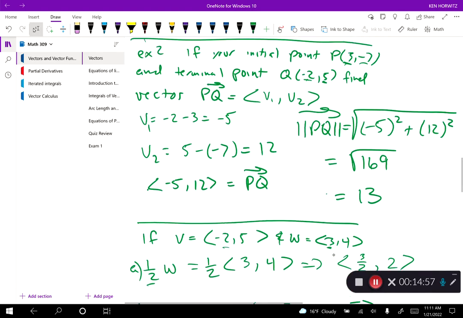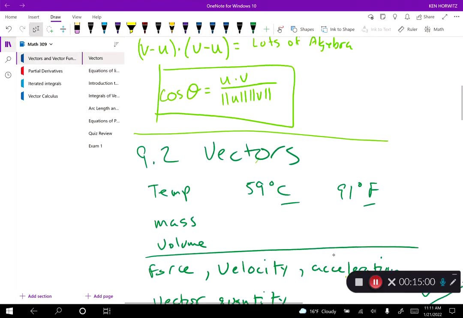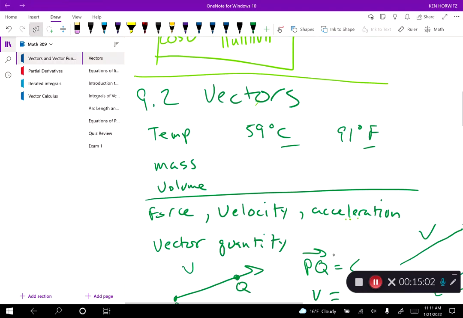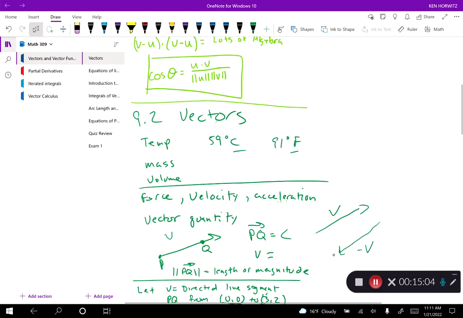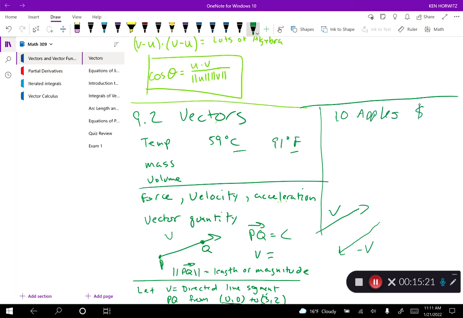Now we're going to talk about a unit vector. I'm going to come back up here, and I'm going to shrink it down a little bit so I get a little space. If we were to talk about something like a unit price, for example, if I have 10 apples and it costs me $4, and I wanted the unit price per apple, that would be, what is the price of a single apple?